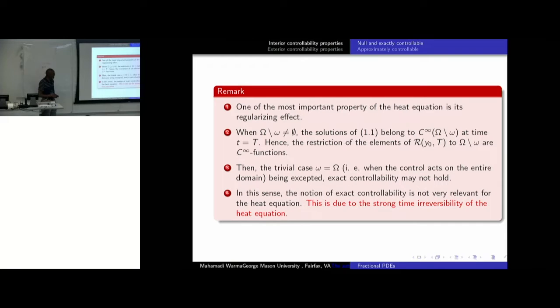In this case, if you take the omega where you want to control to be the whole space, then you cannot have null controllability. It doesn't make sense. You always have to take your control region to be a smaller one. But this is due to the strong time irreversibility of solutions of the heat equation, because heat equation solutions are not reversible in time.